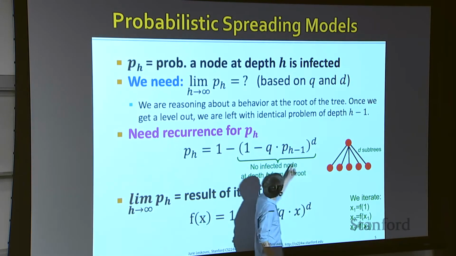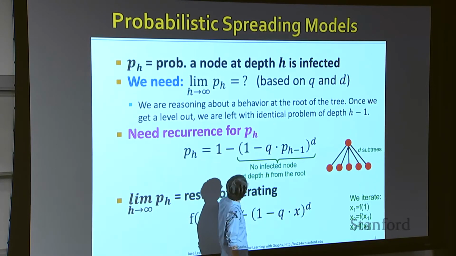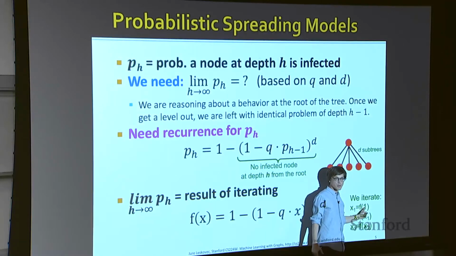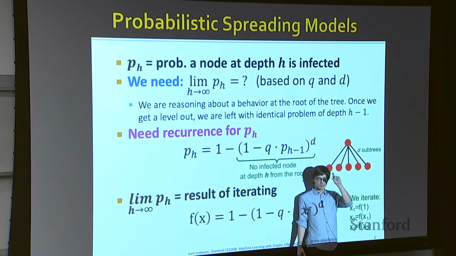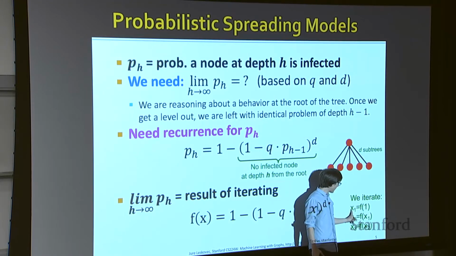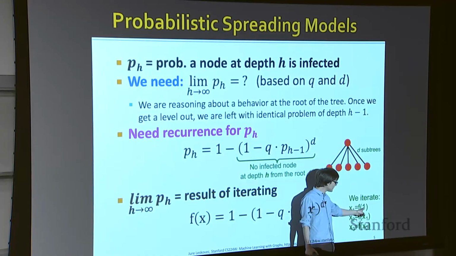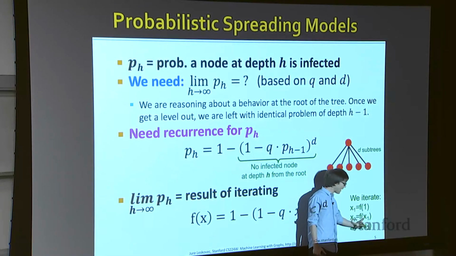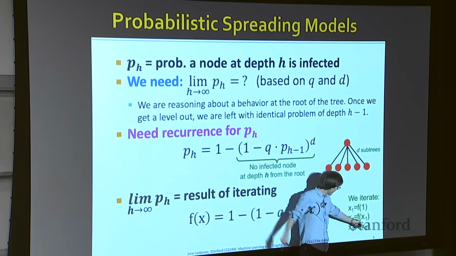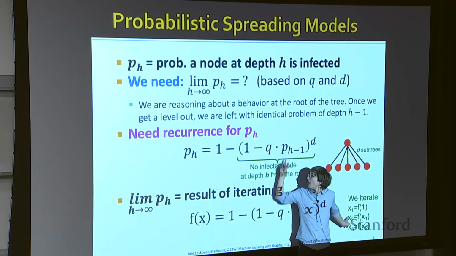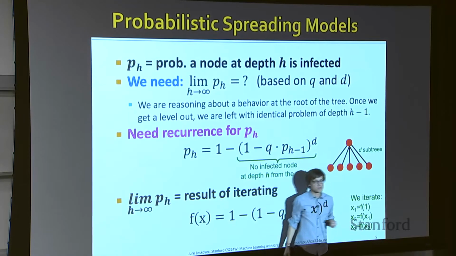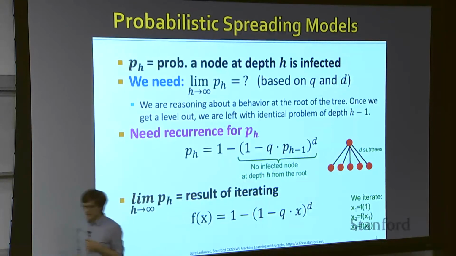I'm just unrolling this iteration by writing it as f of x, and then I start with x equals 1, which means with probability 1 there is an infected node at the root. Now I get the probability that there is an infected node at depth 1. I evaluate it at depth 1 to get the probability at depth 2. I evaluate at depth 2 to get depth 3, and so on. Okay, that's what I mean by that.